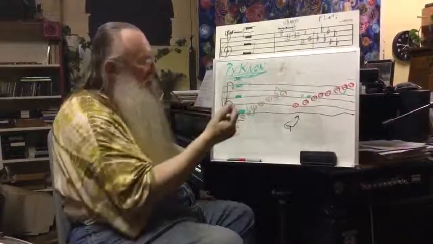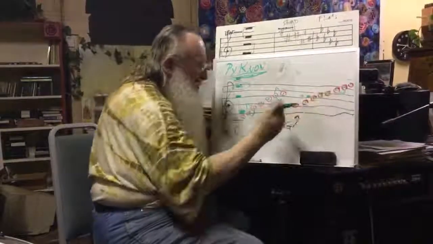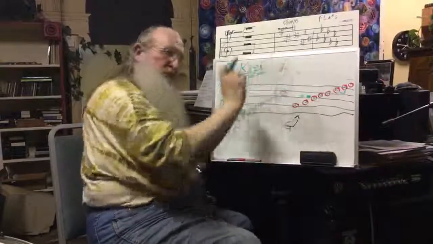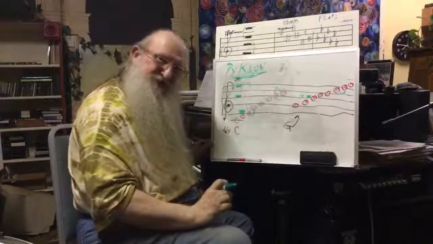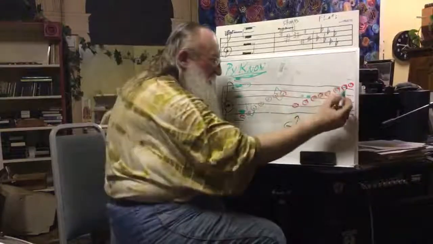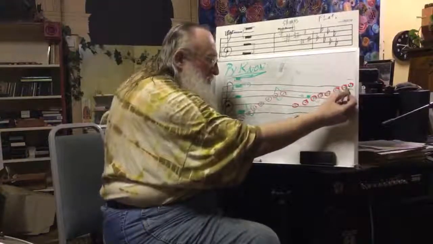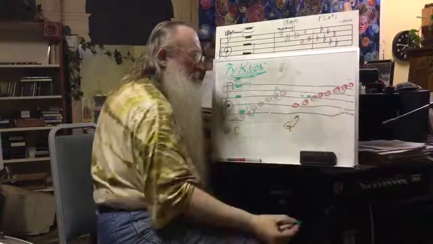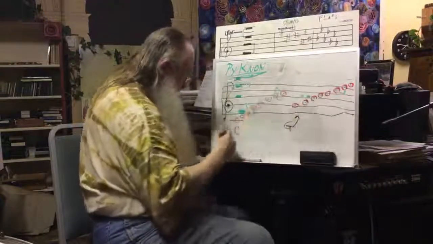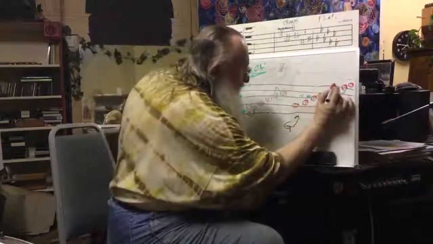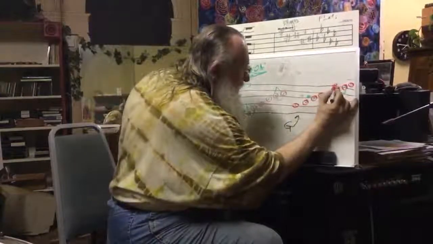And so what we need to do to adjust this, so this scale will have the same sound as this, all the intervals, all the distances between the notes have to be the same. So what I need to do is move the half step from here, there's a whole step here from 7 to 1, so I can do that by taking and placing a sharp on this line right here, the F line.